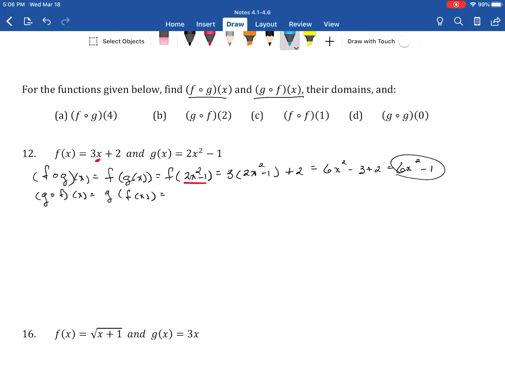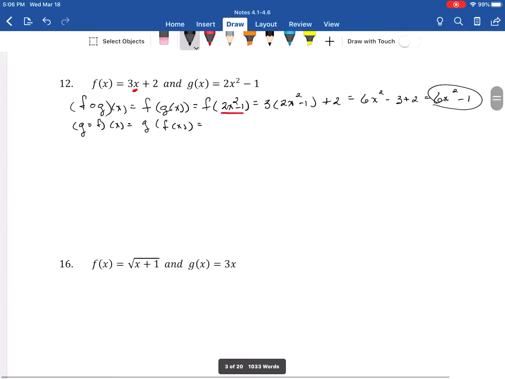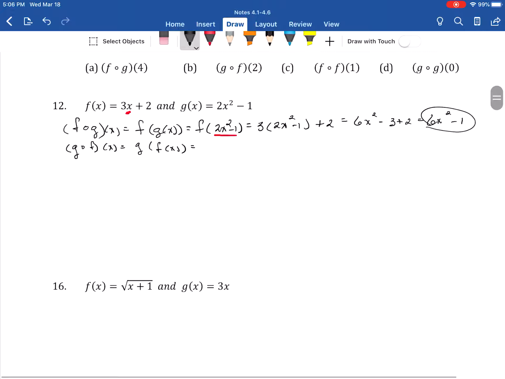This means we want to insert function f into function g.